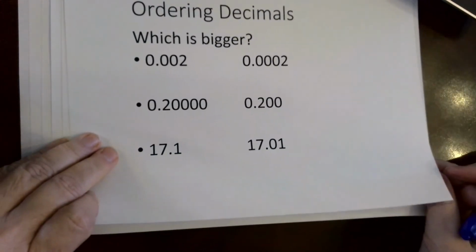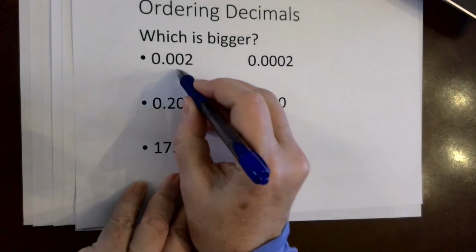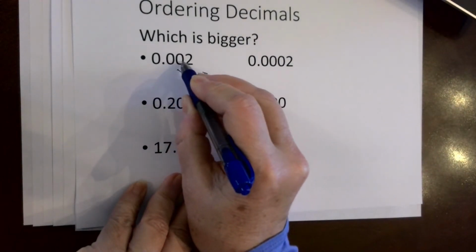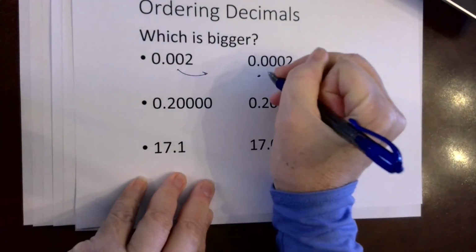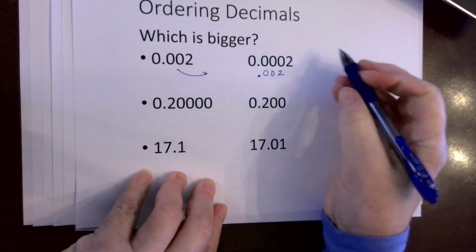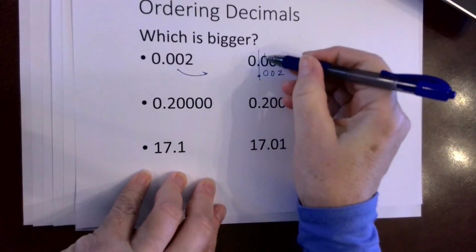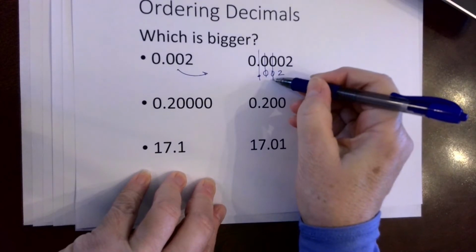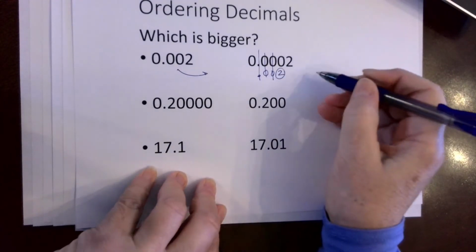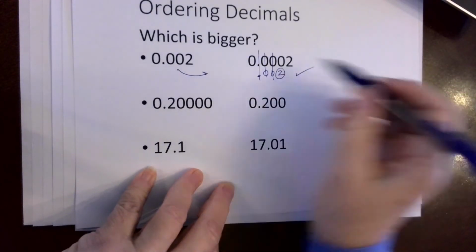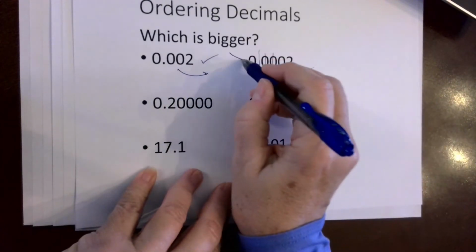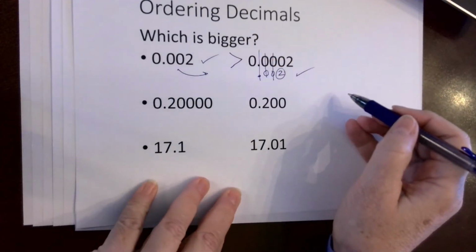Which one of these pairs is bigger? Well, we'll line up 0.002, line up the decimals. So the tenths and the hundredths are the same. Well, we see that in the thousandths this one is bigger, so that number is bigger than the other one.